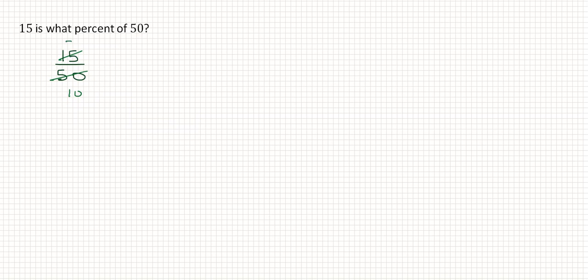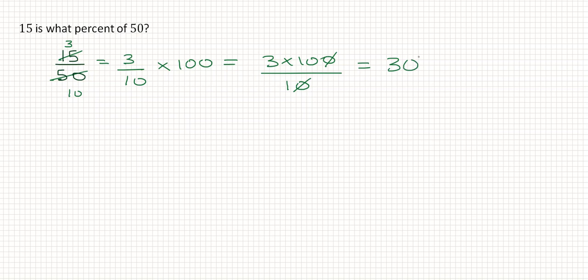When we divide by 5 here, we get 3. So now we have 3 over 10 multiplied by 100, which is 3 multiplied by 100 over 10. These zeros cross out, and 3 multiplied by 10 gives us 30%.